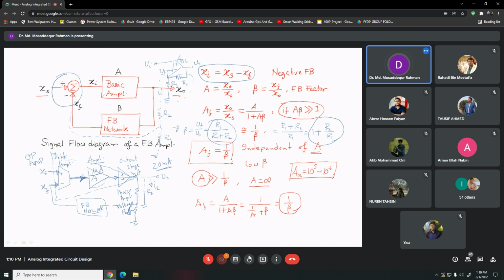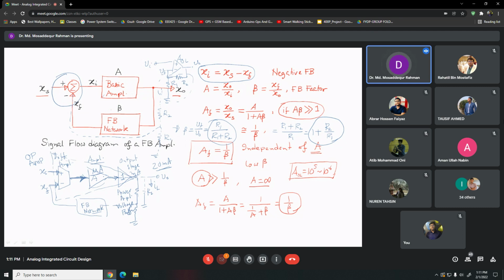But in the amplifier that amplifies the voltage, the current is kept in the microampere range. Otherwise the power consumption will go too high, and that will increase the temperature, and a lot of heat will be dissipated, and that will deteriorate the performance of the chip and reduce its lifetime.